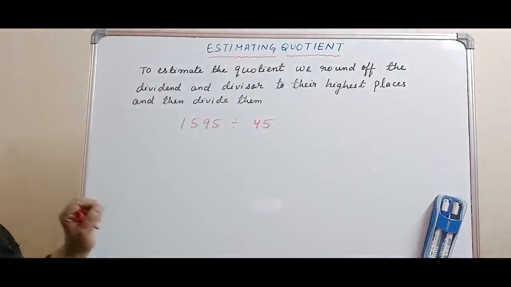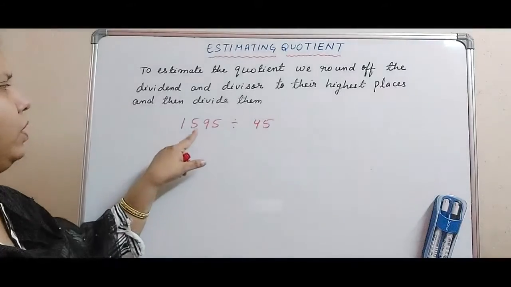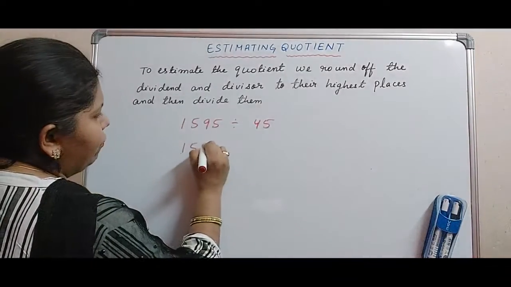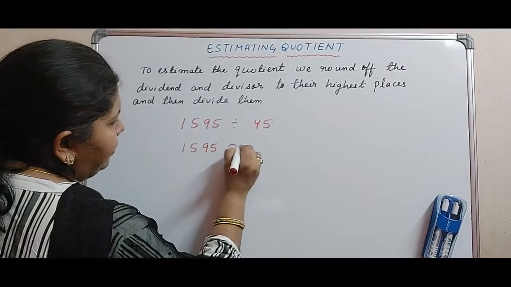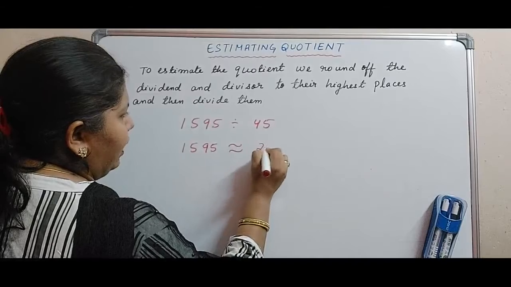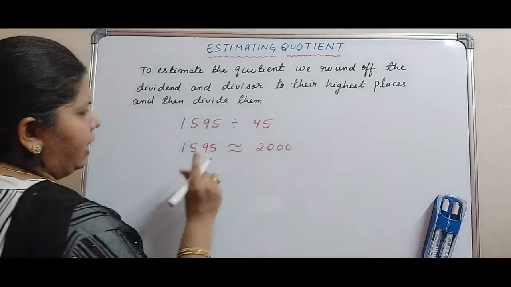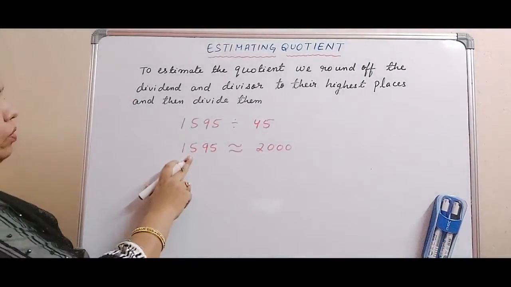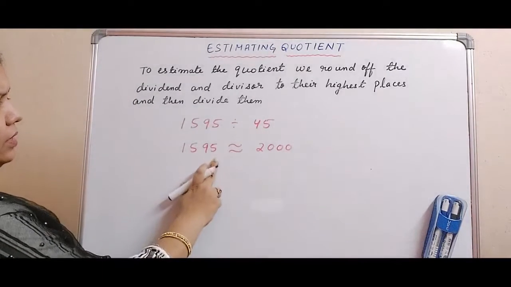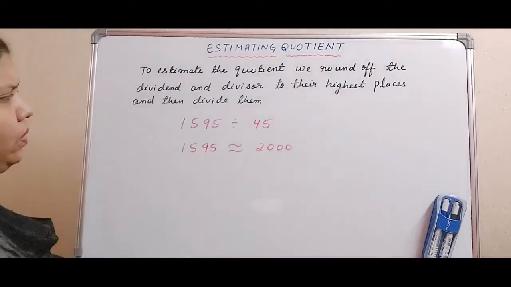So we need to round off 1595 to the 1000 place. 1595 is approximately equal to 2000, because the digit in the hundreds place is 5, so it will change the digit in the 1000 place to 2 and the remaining digits turn to 0, so 2000.